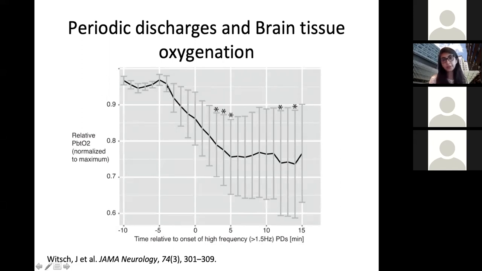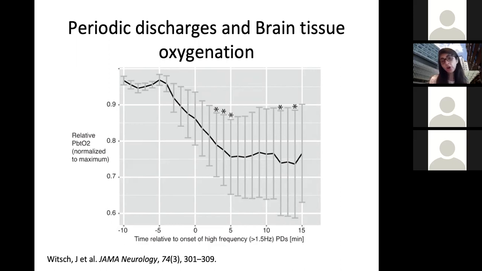Notice that the brain tissue oxygenation starts to fall even prior to the onset of the periodic discharges. However, the reduction is significantly higher after the periodic discharges start. So it's possible that the brain injury, decreased oxygenation, results in these periodic patterns, which then subsequently result in further brain injury, sort of creating a vicious cycle.